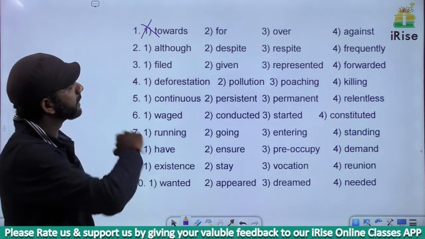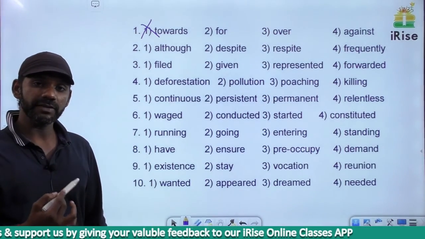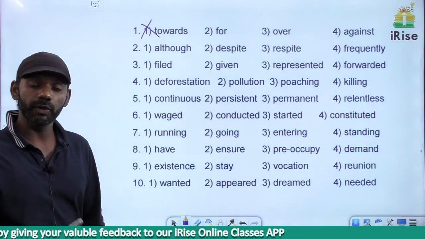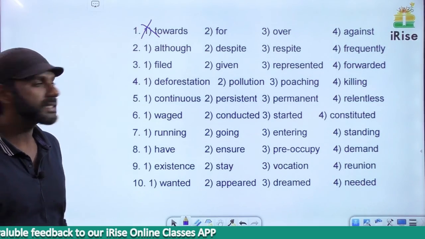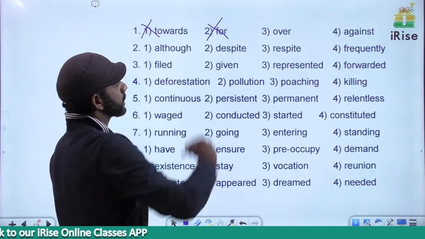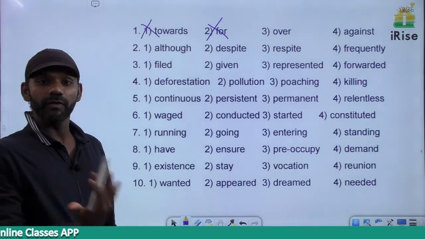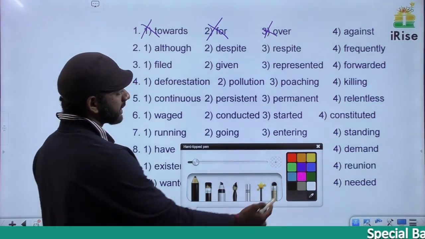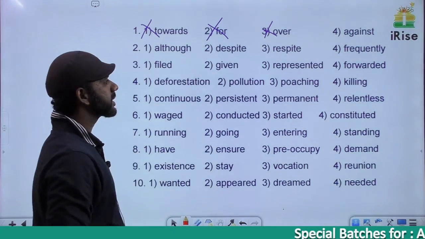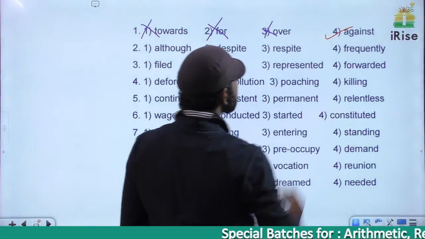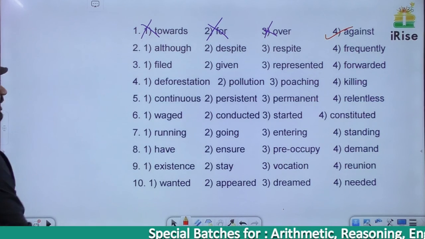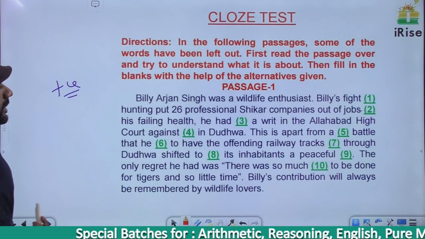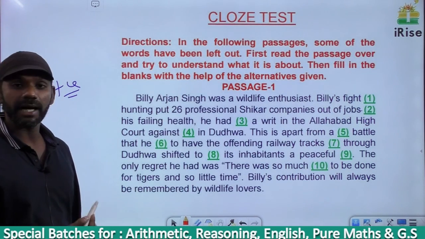Option 1 is eliminated. Billy's fight for hunting also means he is supporting hunting, contradicting the passage. Option 2 is also eliminated. There's nothing like over hunting. Option 3 is gone. And from the passage it is very clear that Billy Arjun Singh is opposing hunting, so it must be against hunting. Billy's fight against hunting put 26 professional shikar companies out of jobs.